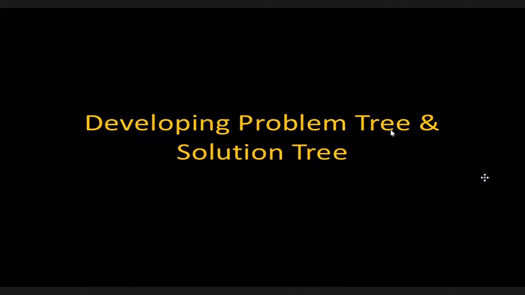One of the reasons that you're having difficulty in coming up with specific problems, as well as later in the discussion on how a problem would be tackled, is that there's a tool called a problem tree. This morning I'm going to talk about how to develop a problem tree and solution tree. I'm just putting in solution so that you will also have an idea on how a problem should be solved.